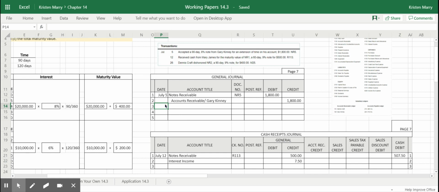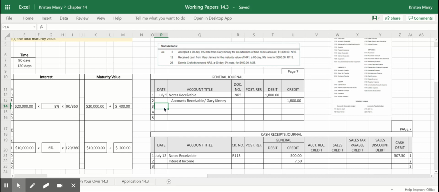All right, last transaction, July 26th, Dennis Kraft, he dishonored his notes receivable too. So that means we need to debit his accounts receivable account, so make it increase back up, and decrease our notes receivable account since he's not going to pay us.